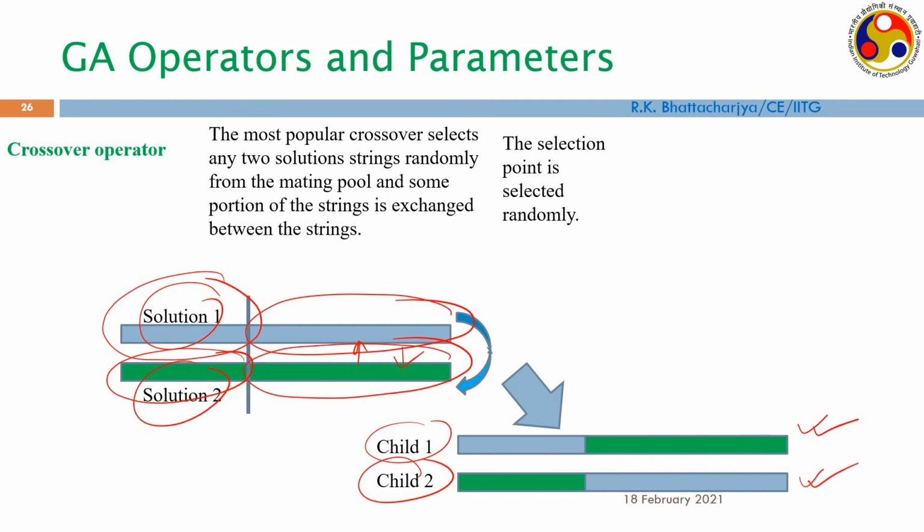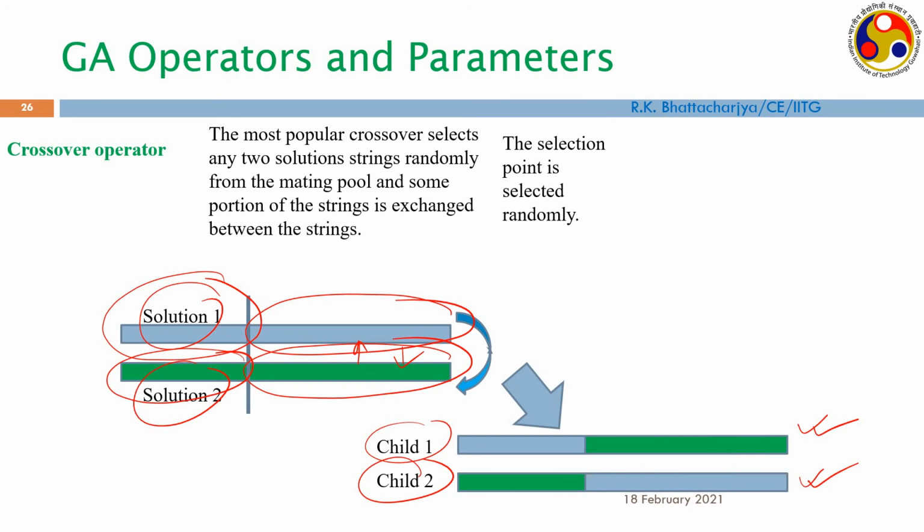So using the crossover operator I am creating a new solution: some portion of solution 1 and some portion of solution 2 are taken, and we get a new solution. Similarly for the second, some portion of the second solution plus another portion of the first solution gives a new solution.